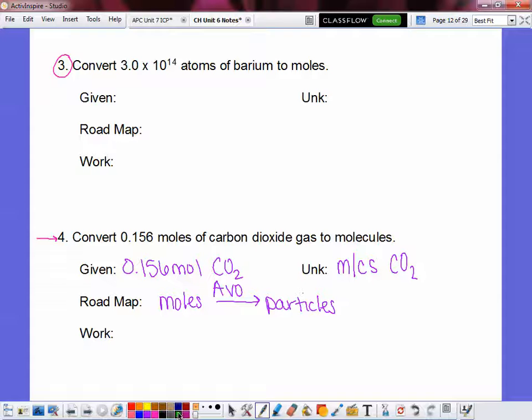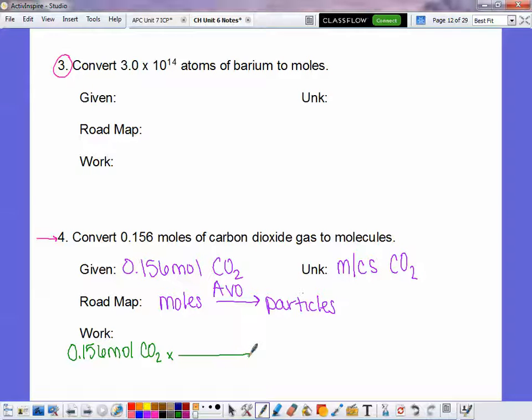All right, now we're ready to set up the problem. So for our work, 0.156 mole CO2, we're going to multiply that by a fraction. Remember, whatever unit you start with, you want that to go on the bottom, so it'll cancel. So what are we going to put on the bottom in this problem?